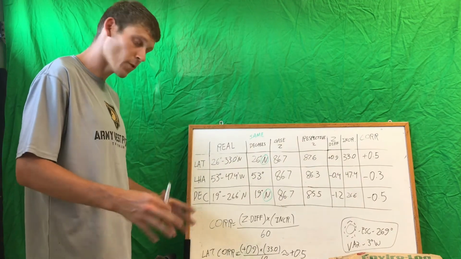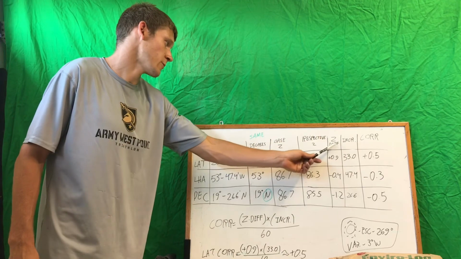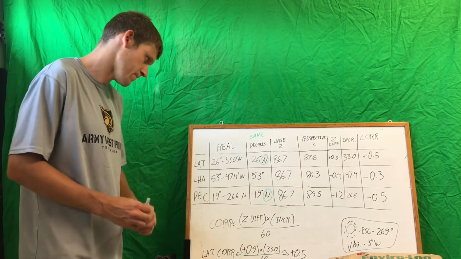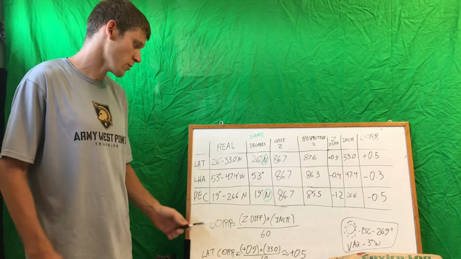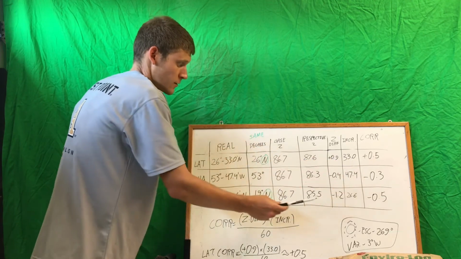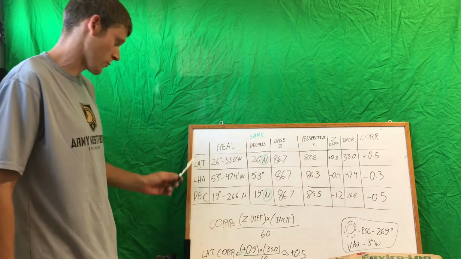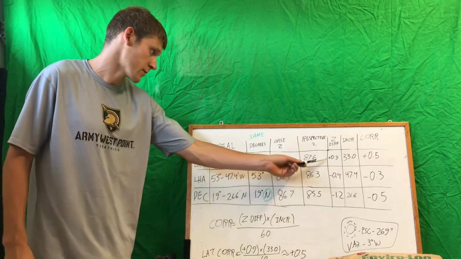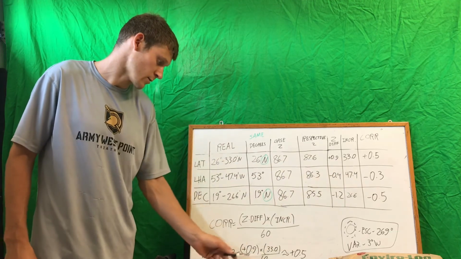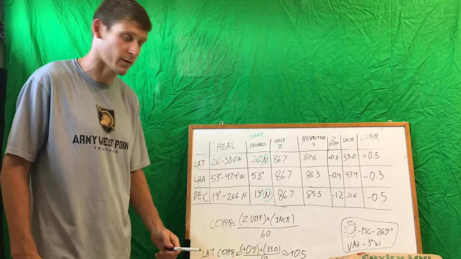Okay, so the formula for finding your corrections, which is Z difference times increment divided by 60, I've put right here. So what you do is you take your corrections, and if your Z difference is positive, your correction will be positive. If your Z difference is negative, your correction will be negative. So for latitude, positive 0.9 times 33 minutes divided by 60 equals positive 0.5.